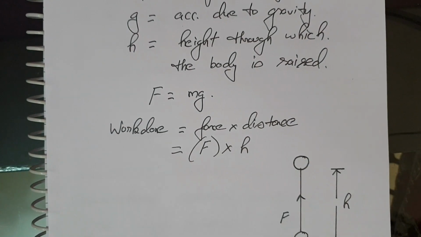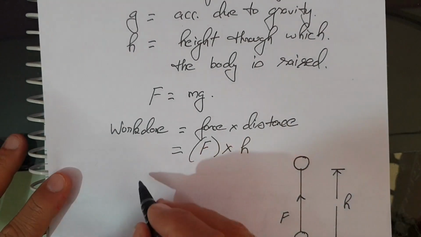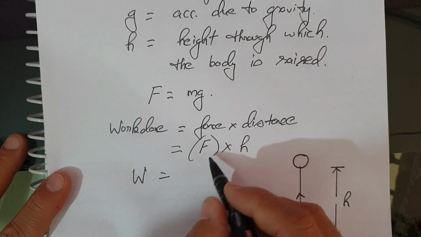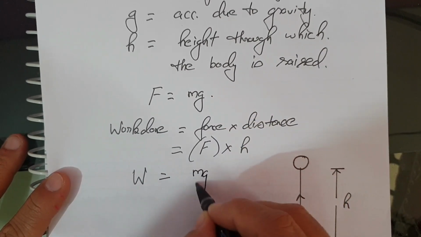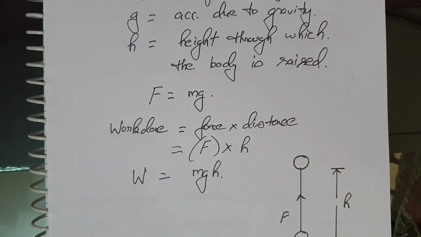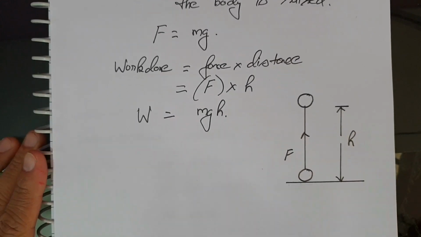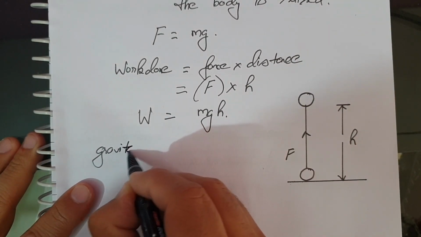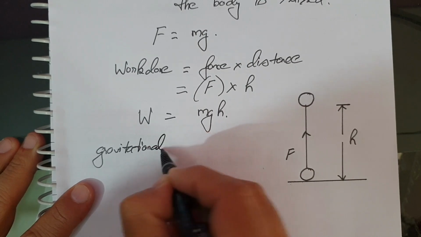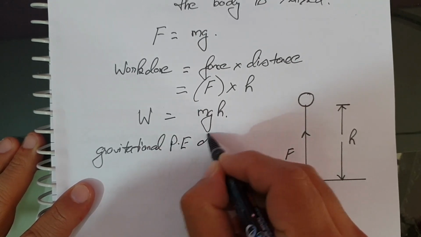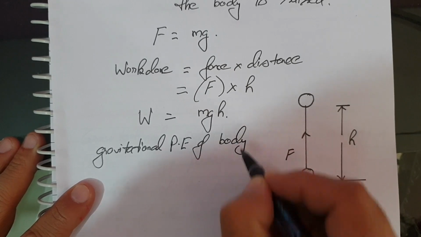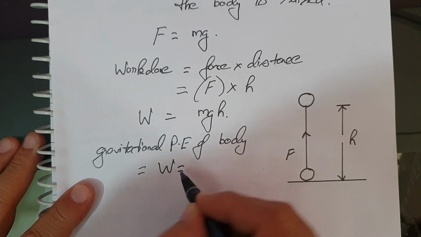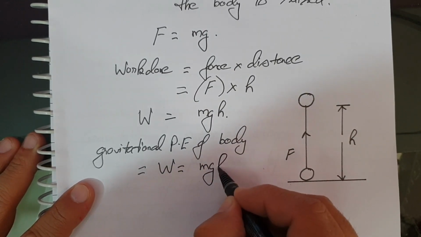So work done is F into h, and substituting the value of F as mg, the work done is mgh. So the gravitational potential energy of the body is equal to the work, which is mgh.